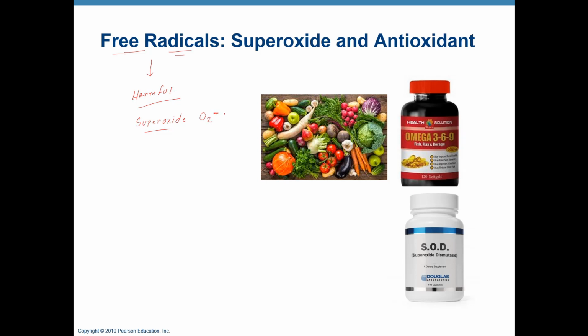You know, electron is negative, right? So this is the oxygen molecule we all know, O2, and in the free radical superoxide it has an extra electron. So an extra electron is added to the oxygen and makes that oxygen a superoxide.